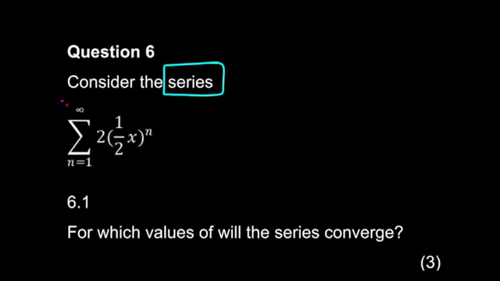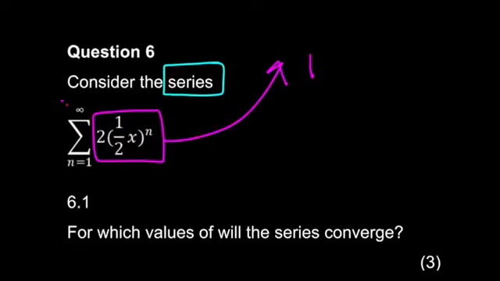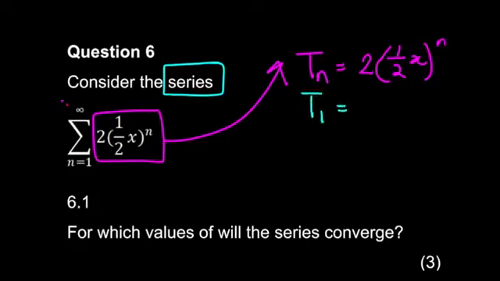So they said consider the series. When we're writing it out, remember, just before the break, we said that this is the general term, Tn. So Tn is 2 times a half x to the n. In other words, T1 would be what? 2 times a half x to the 1, so it would just be x. T2 would be 2 times a half x squared.